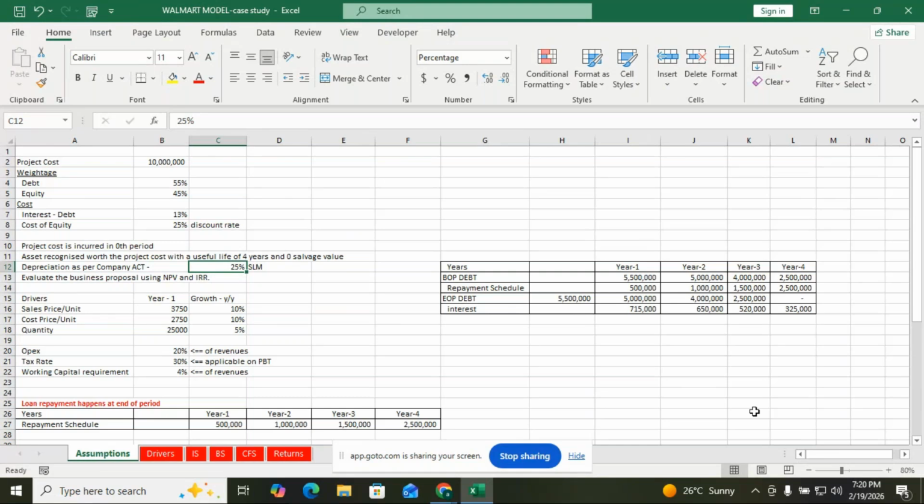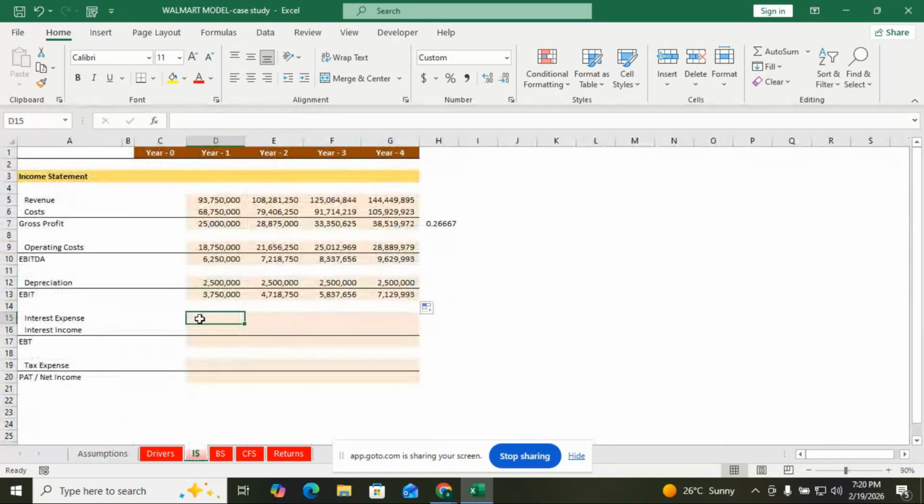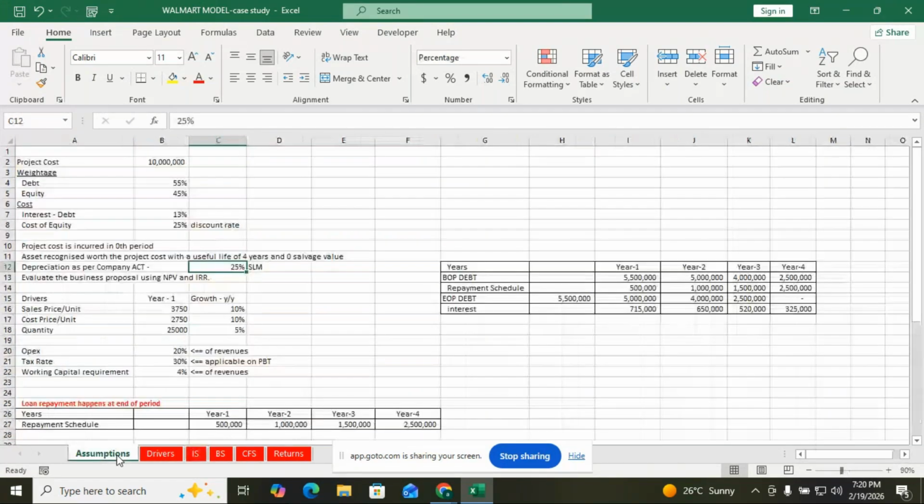So here, now you have to add what? You have to add the interest expenses incurred for every year for this project. The interest expense is put up here, in the last row of the debt schedule.